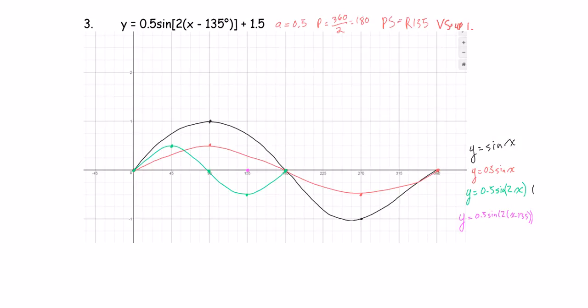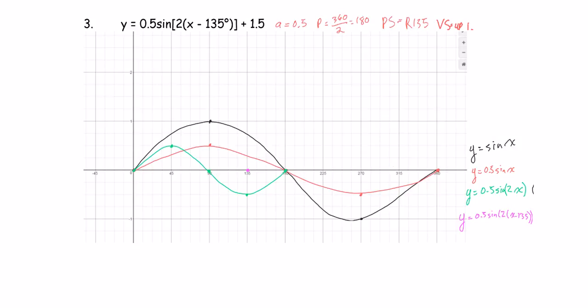And then we look at our last point, which is also at 180, and we're going to move it to the right 135. Or we can add 135 plus 180 to get the next number. So basically, I'm just going to move my graph exactly to 315, which is right here.